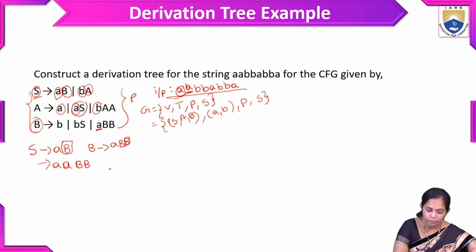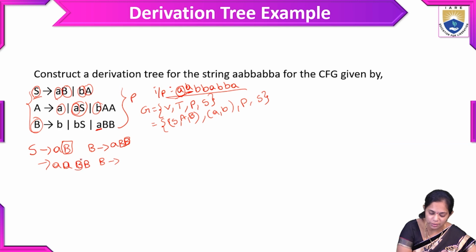Here we have the two B's, and we have to decide which one to substitute. The next input symbol is B, so is there any B production, BS?